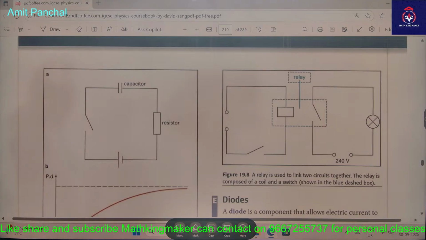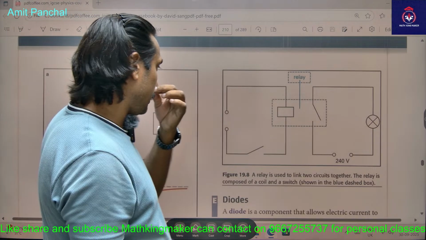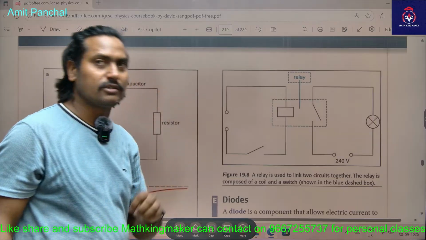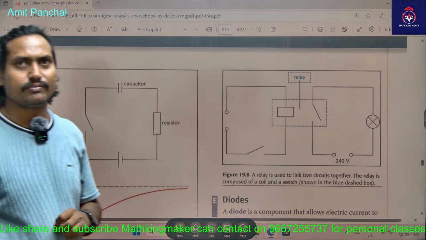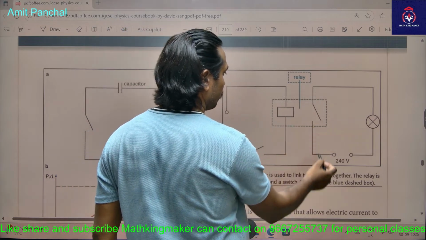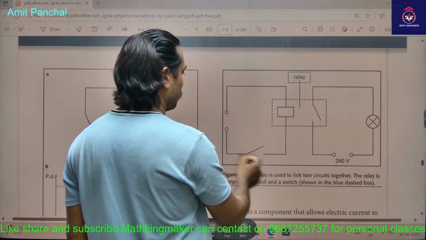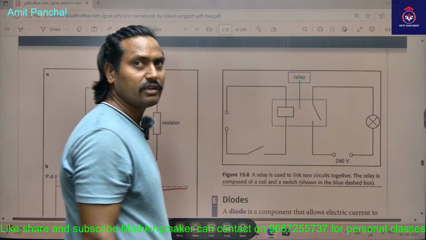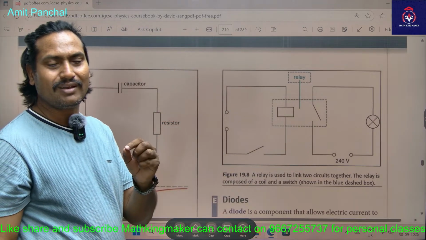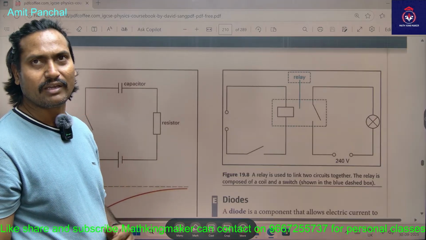The relay is composed of a coil and a switch shown in the blue dashed box. It works on electromagnetism. As you switch on this circuit, current will flow into this circuit after a very short time, in milliseconds.